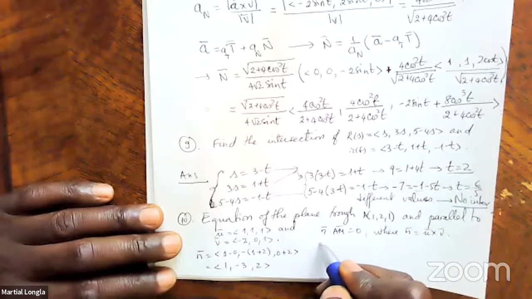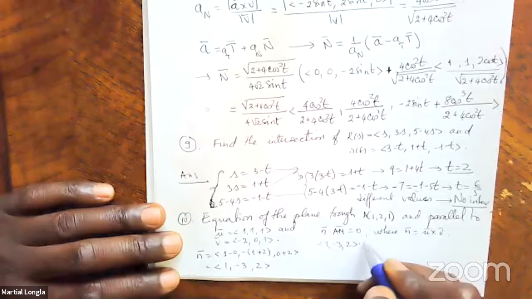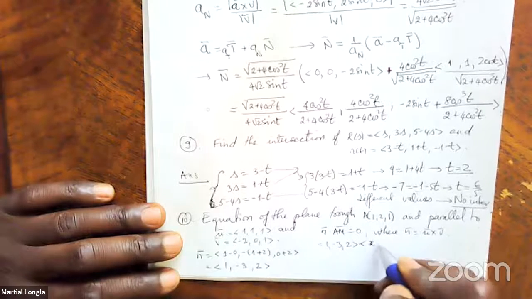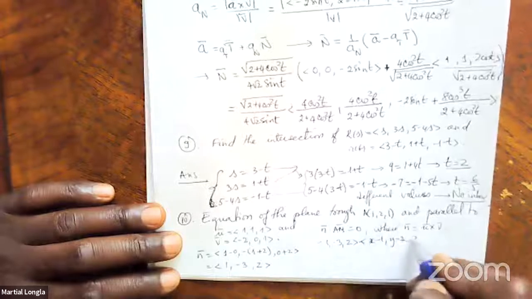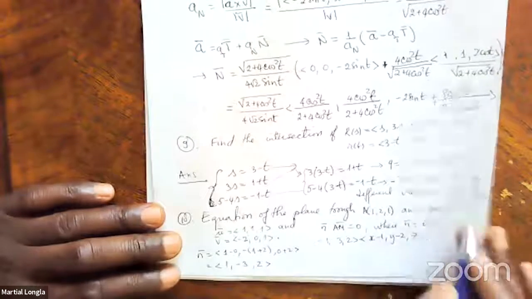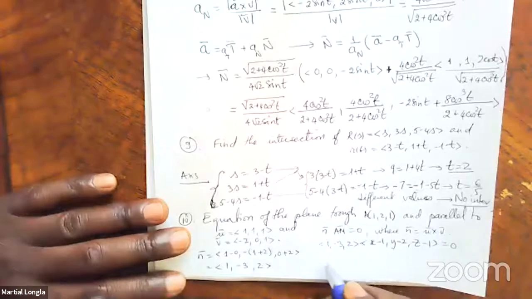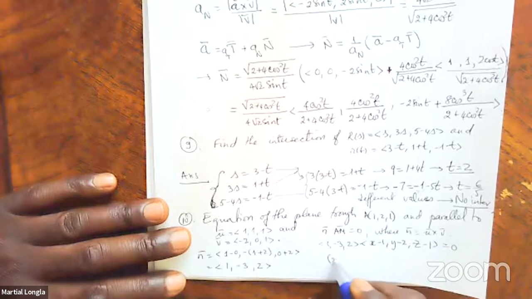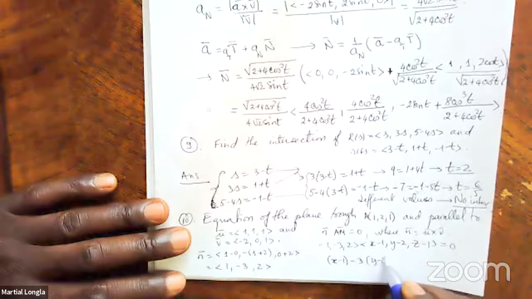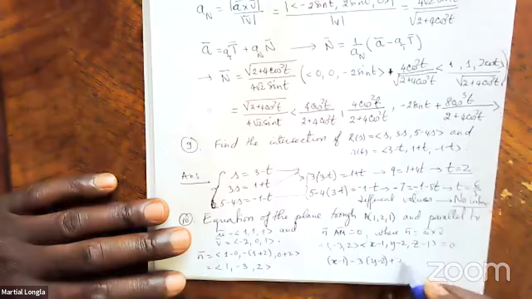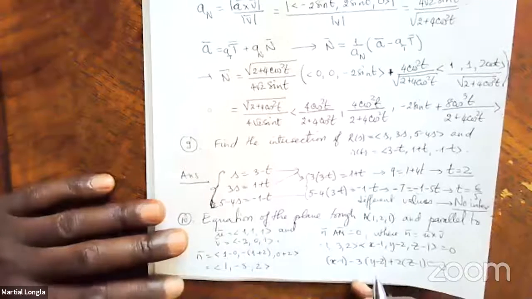So AM, this is going to be 1, minus 3, 2, dot AM, which is x minus 1, y minus 2, and z minus 1, equals 0. Or in other words, 1 times x minus 1, minus 3 times y minus 2, plus 2 times z minus 1 equals 0.